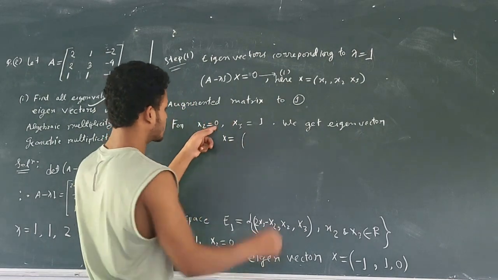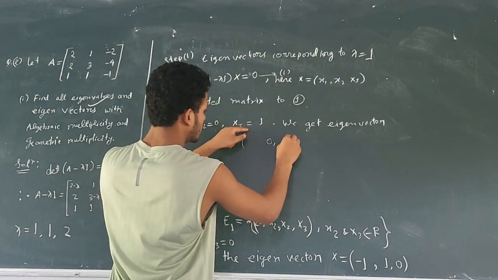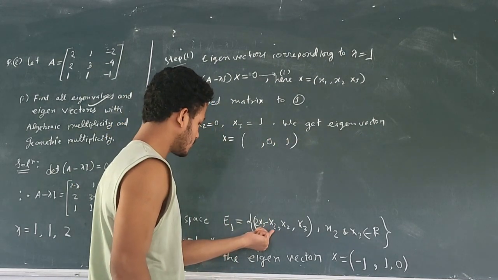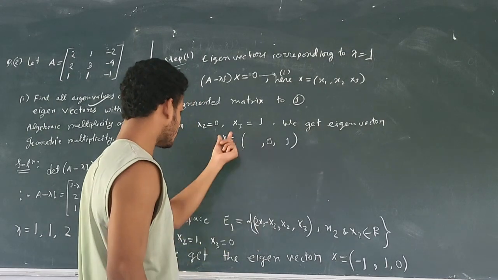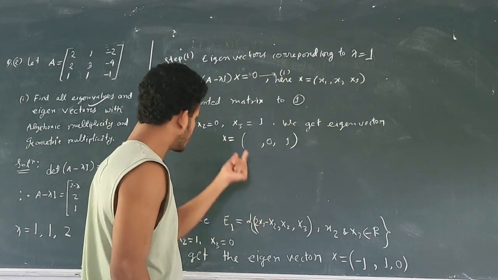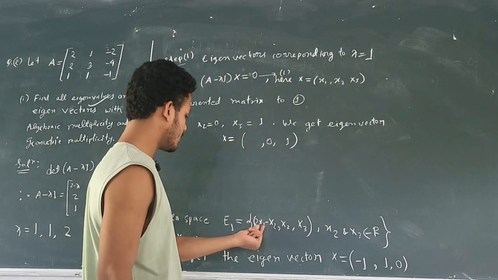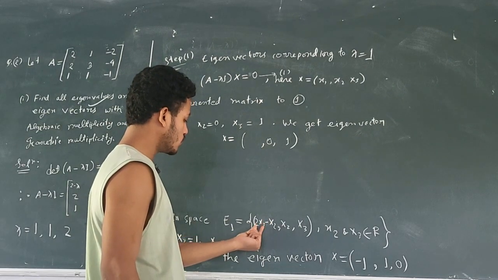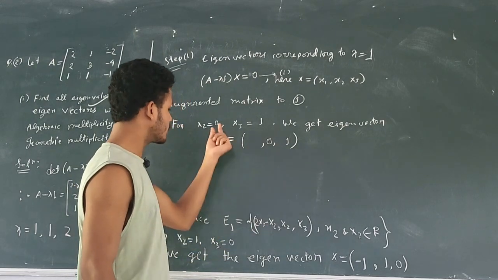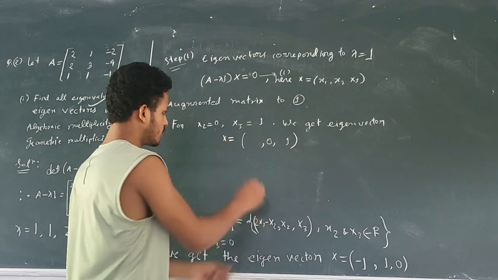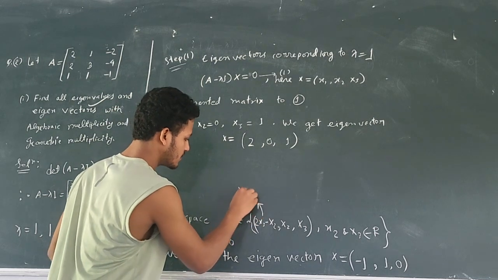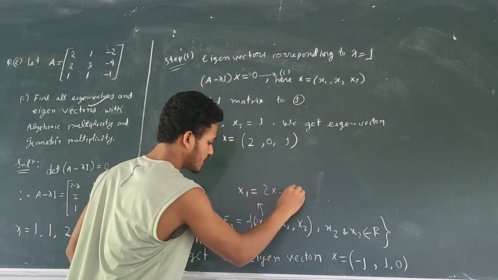So what we have taken: x2 is equal to 0, x3 is equal to 1, and what will be x1? Put here these values: when x3 is equal to 1, it will be 2, minus x2 is equal to 0. So x1 is equal to twice x3 minus x2.